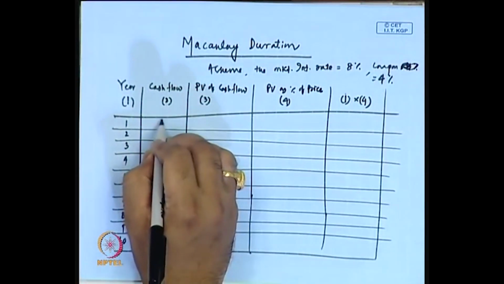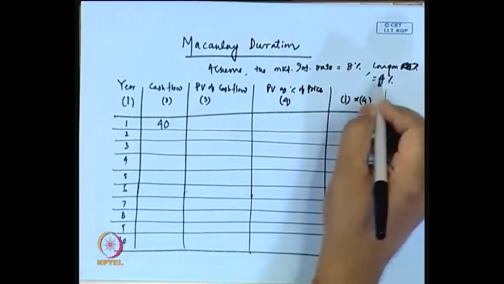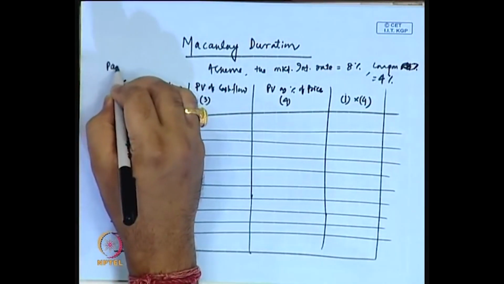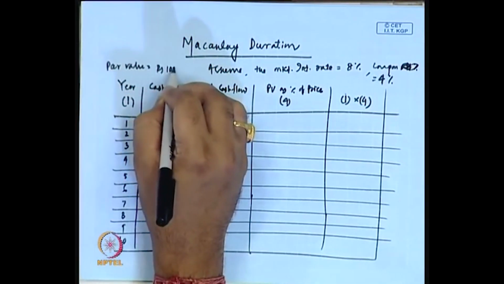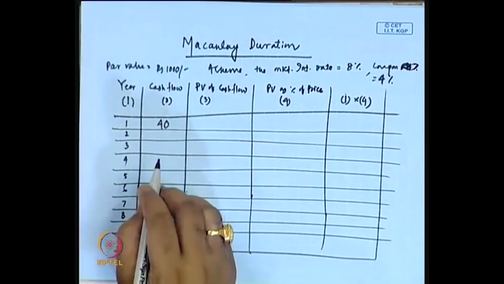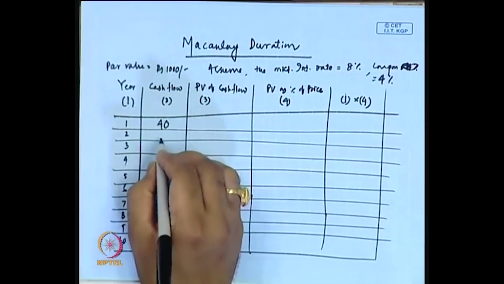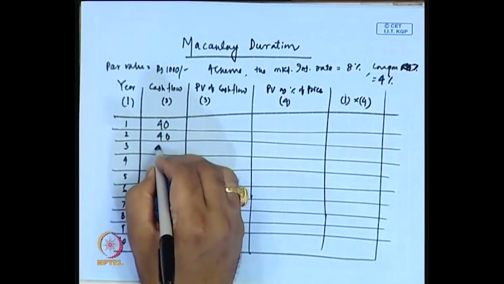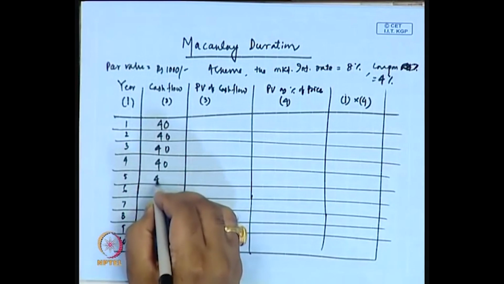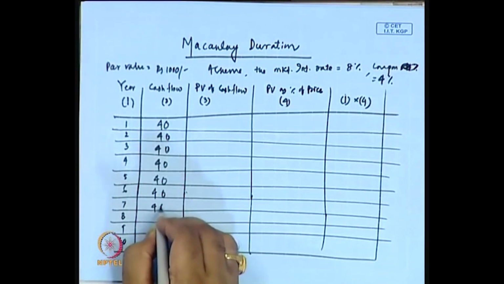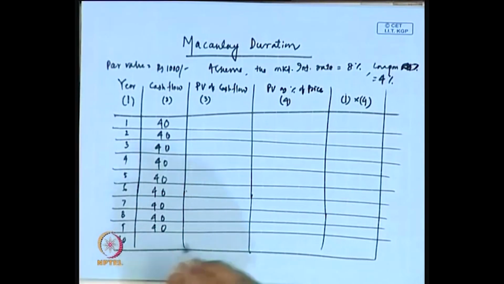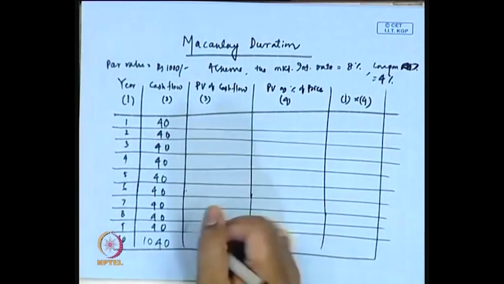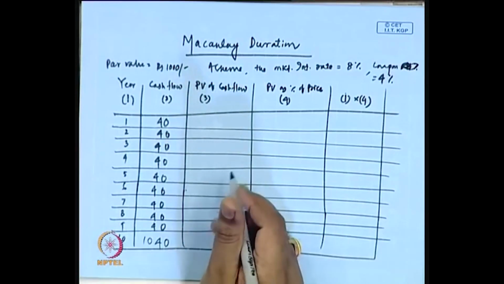Then each year you will have a cash flow of 40 rupees, because let the par value be 1000. So this is 40, 40, 40, 40, 40, 40, 40, 40, and with 10 years term to maturity, in the last year the cash flow will be 1040, because it includes the principal also.